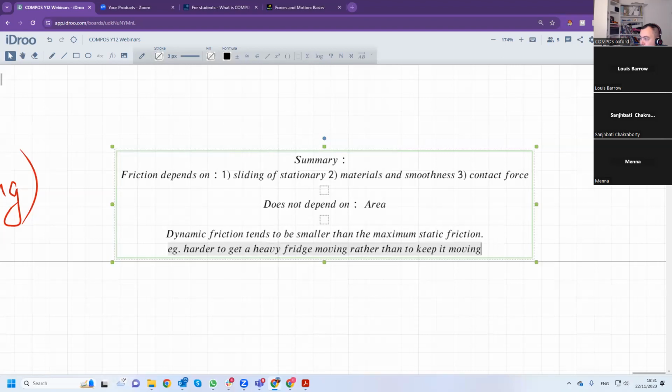Well, I'm thinking about liquids. It might be true for liquids, non-Newtonian fluids, for example. That would definitely be the case, because the faster you go, the more resistance there is.